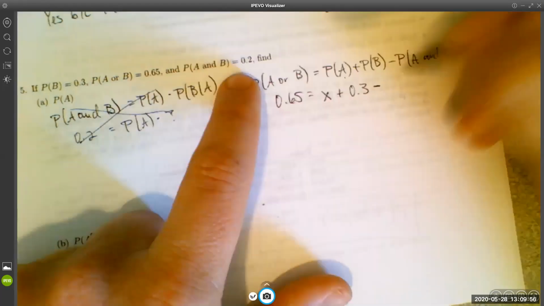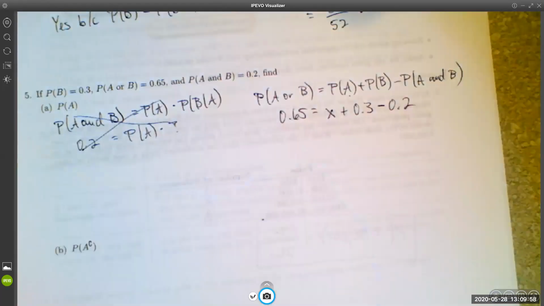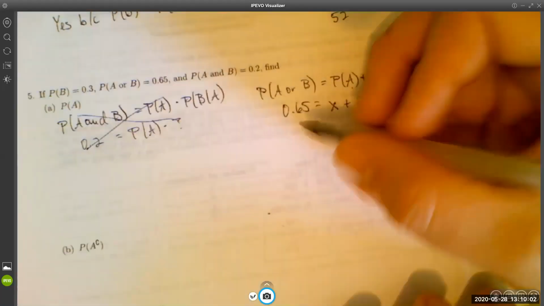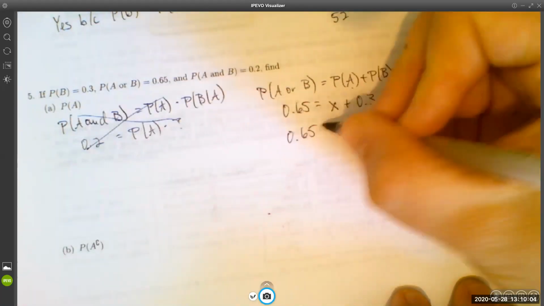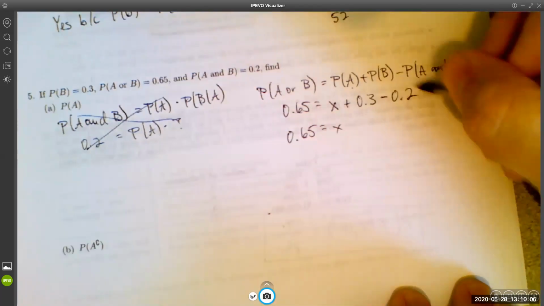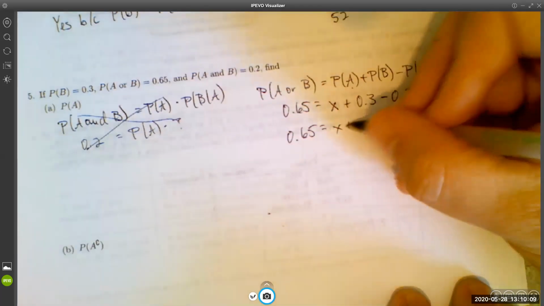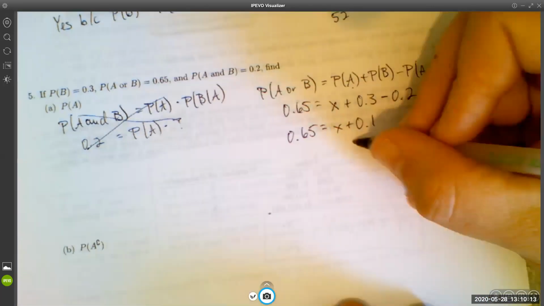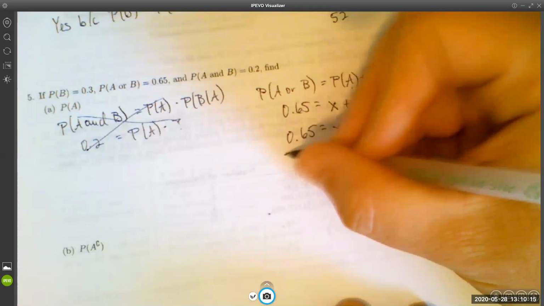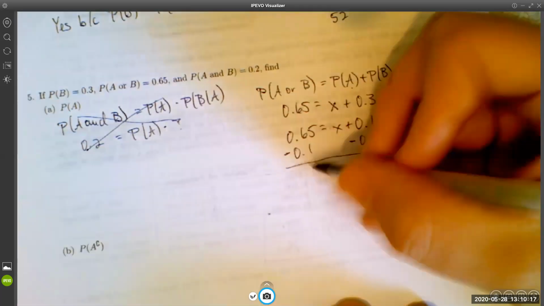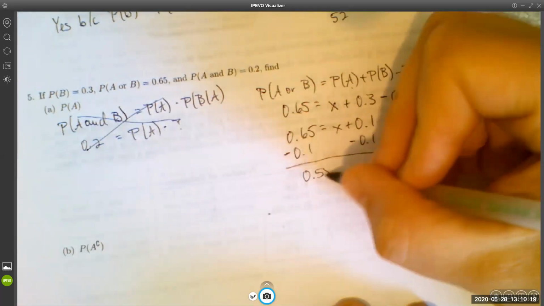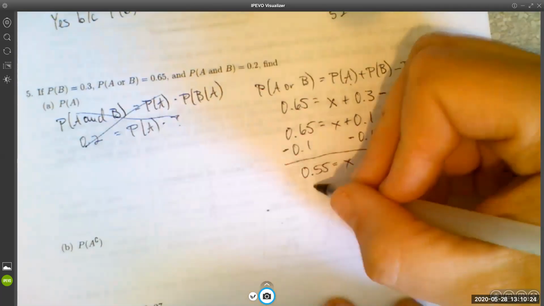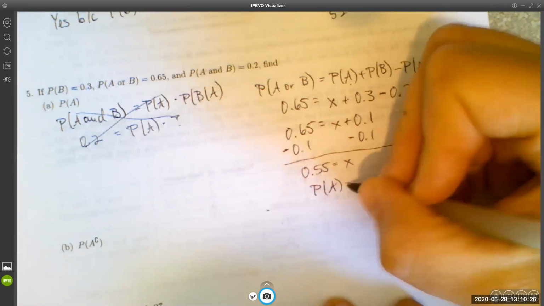Probability of A and B, we're told, is 0.2. So this is good news for me. I think I have enough information to solve this. So we're going to say 0.65 equals X plus 0.3 minus 0.2. I'm going to combine my like terms over here. 0.3 minus 0.2 is 0.1. And now to finish solving for X, I would subtract 0.1 over to the other side. We get 0.55 equals X. So there you have it, right? Probability of A is 0.55.